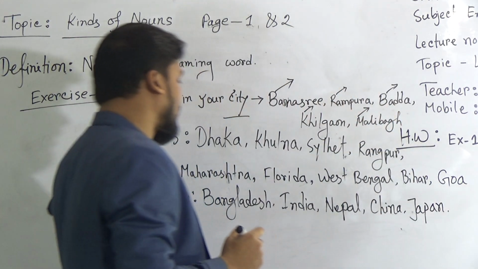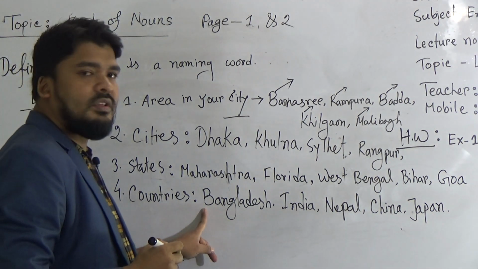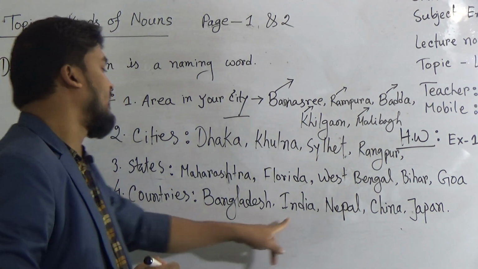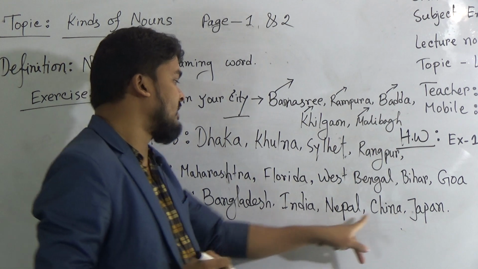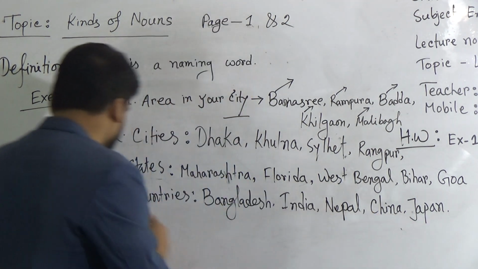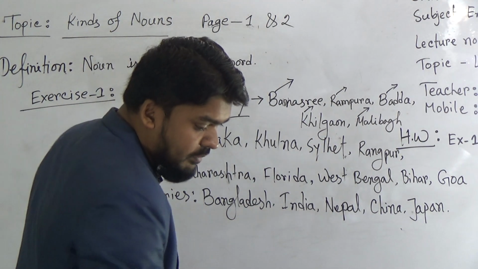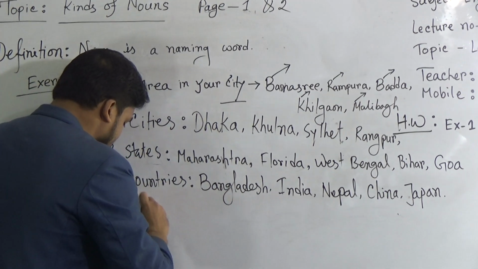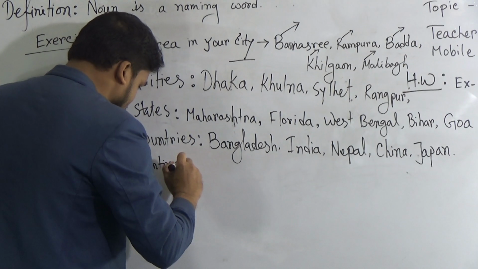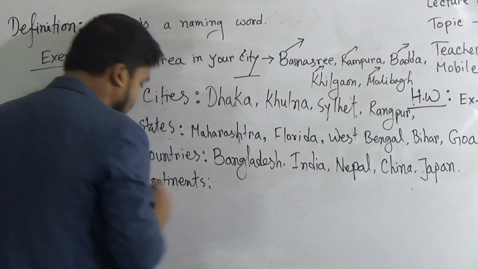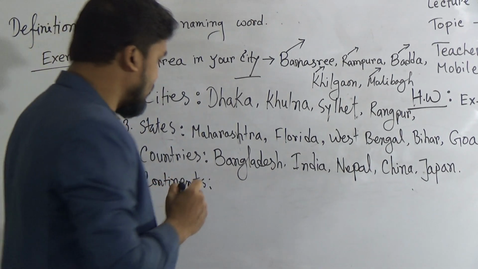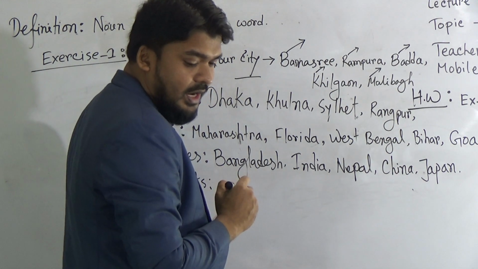This is proper noun because these start with a capital letter, like Bangladesh B, India I, Nepal N, C and J. And go to point number 5, continents. Continents, it is a common noun. Okay, you have to write 5 proper nouns.